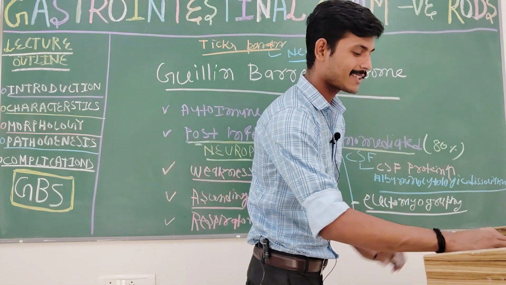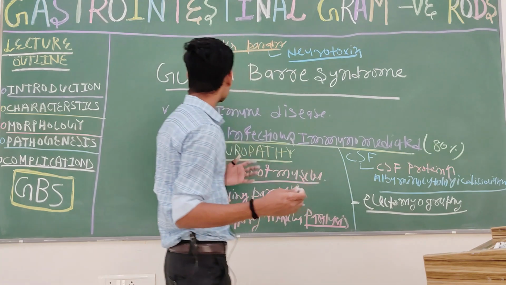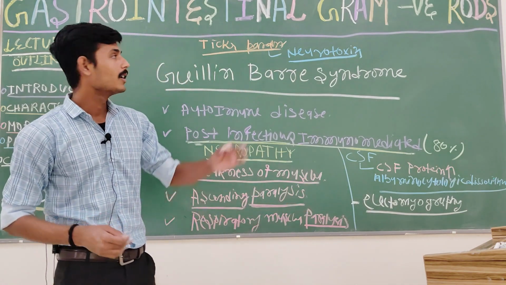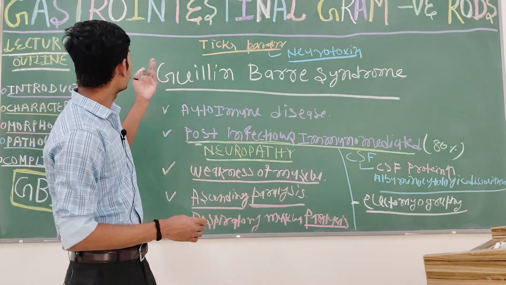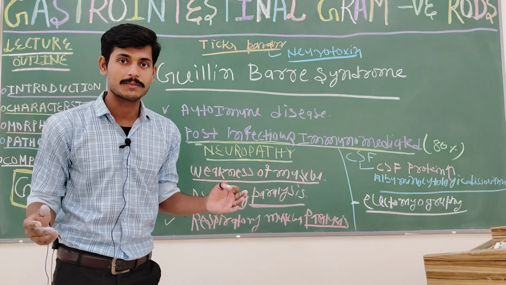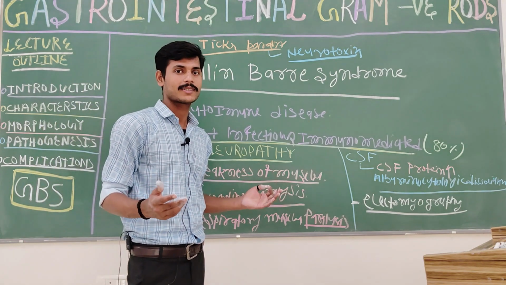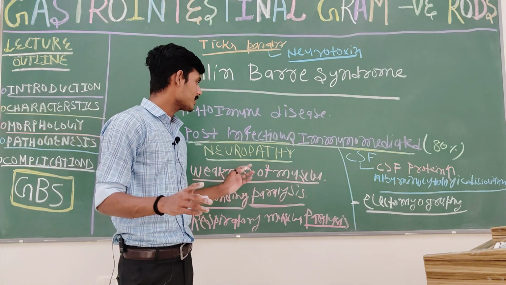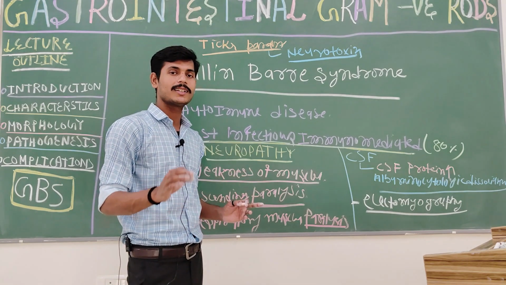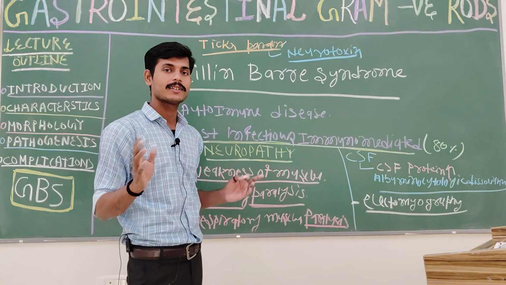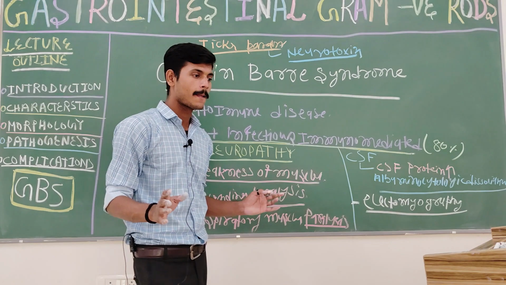Now you have some insight into why I am describing Guillain-Barré syndrome while I am describing the gastrointestinal gram-negative bacilli. You notice that Guillain-Barré syndrome occurs in 80% of certain bacterial and viral infections.